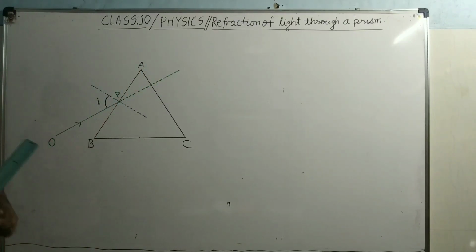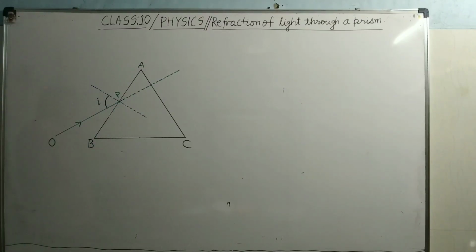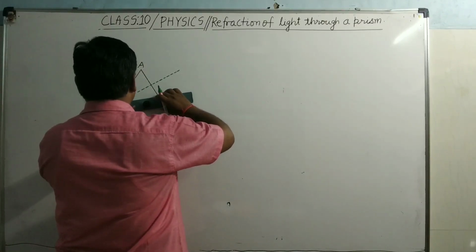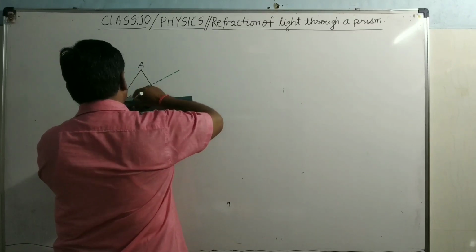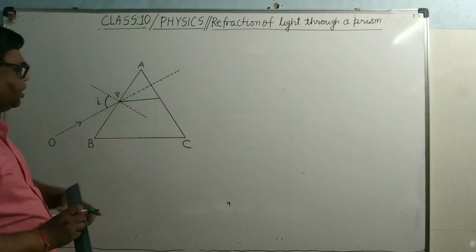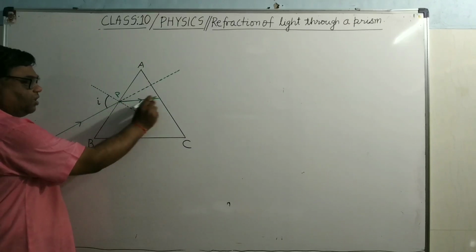But now there is a change of medium. It is going from air to glass. So it will bend towards the normal and go along this. It will go straight because inside the prism the medium is the same. It will bend and then go in a straight line.